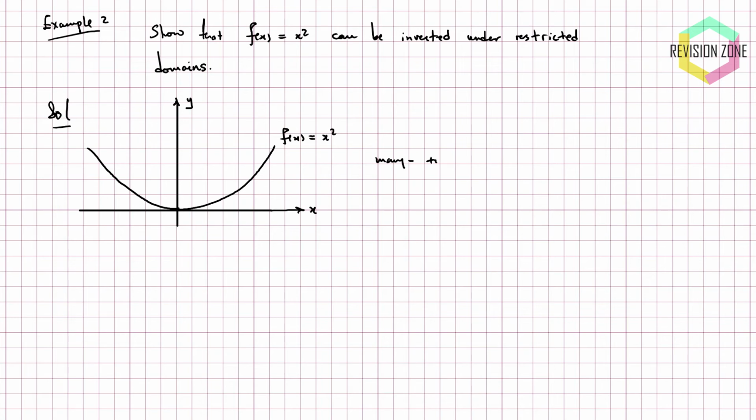We can see this, right? We've got this input here giving me that output, and this input here giving me the exact same output. So it's definitely many to 1, which means it cannot be inverted, right? But that doesn't mean that it cannot be inverted at all. What I should say is it cannot be inverted over its entire domain.